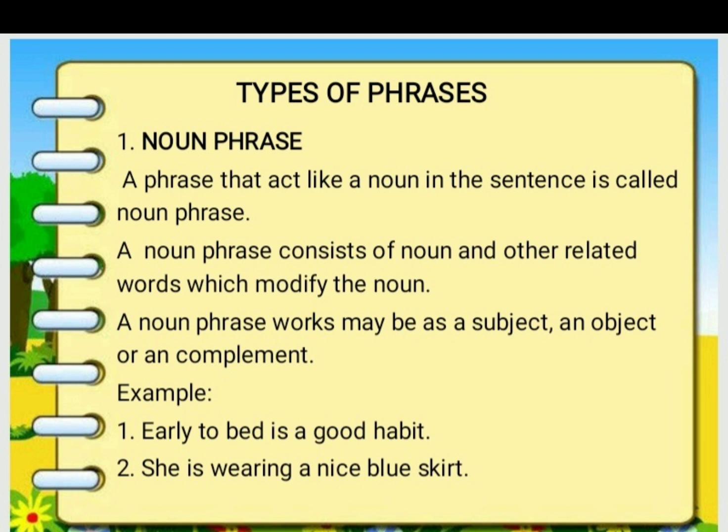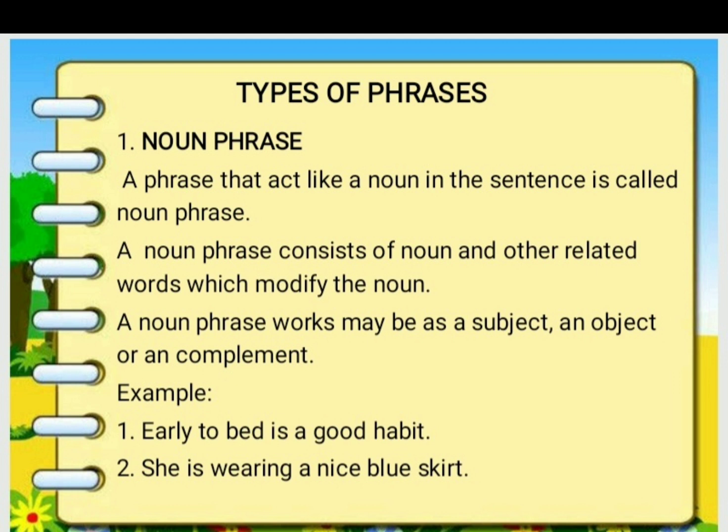Because early to bed is other related words that modify the noun bed. So take note, we have the pre-modifiers and post-modifiers. The pre-modifiers come before the head noun and post-modifiers come after a head noun.